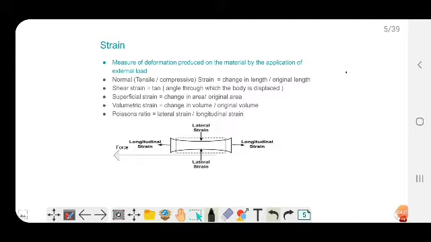For a tensile force, what is the change in length produced divided by original length? Similarly, compressive strain and shear strain. If this is a cube, we are considering a cubical body, and shear force is acting in this way, this can displace the body like this.